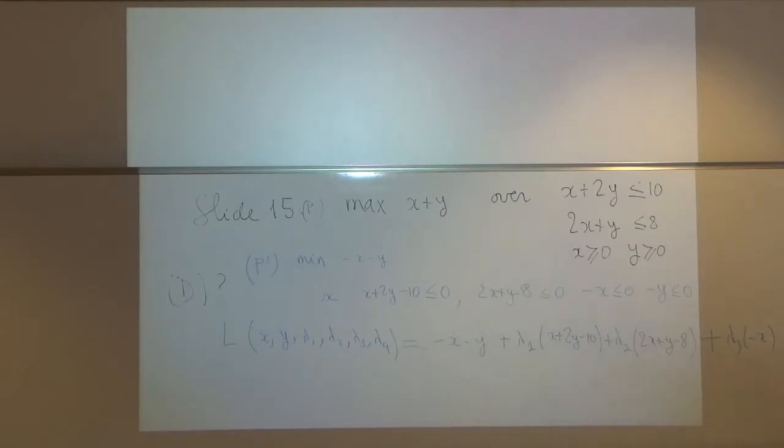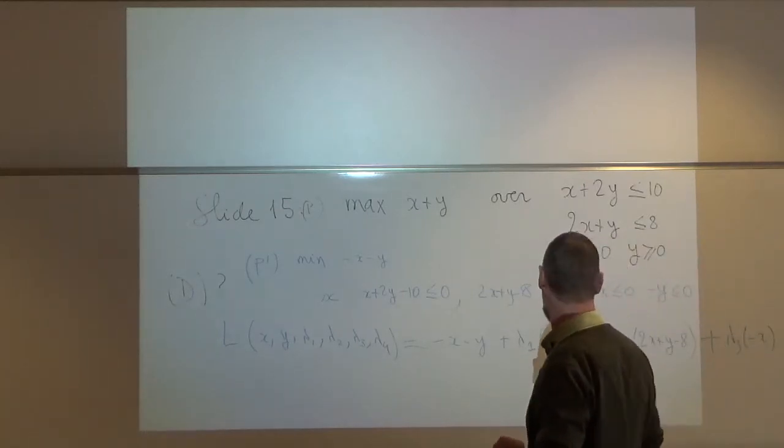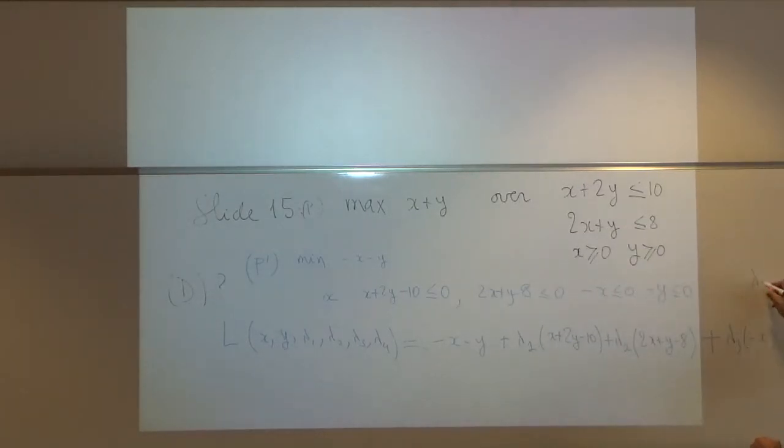That is my Lagrangian. And the constraints are on lambda. All the lambda_i must be non-negative. That's the theory that says the multipliers associated with inequalities must be non-negative, right?